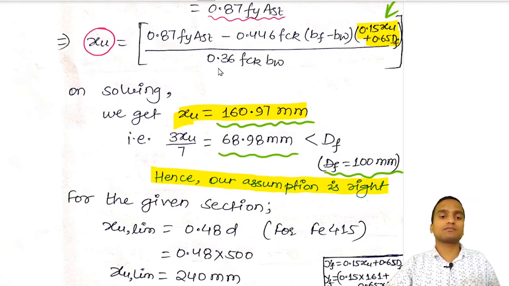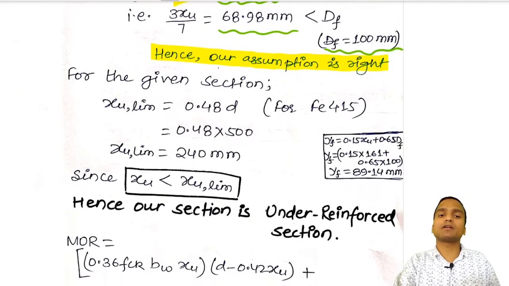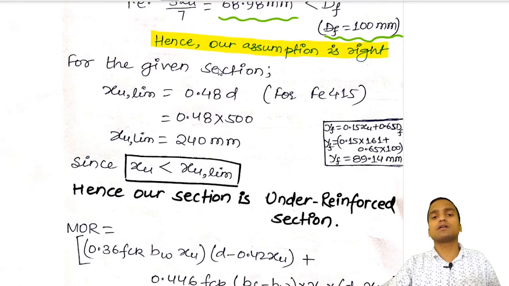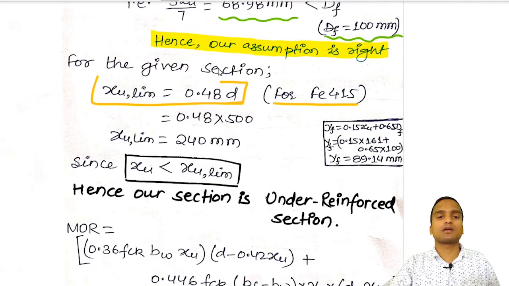Now we have to decide which type of section it is. First of all, we have to calculate the limiting depth of neutral axis, which can be simply obtained by using the effective depth, small d. The steel is Fe415, and for that the value of xu limiting is 0.48 d, and the limiting depth of neutral axis is coming out to be 240 mm.